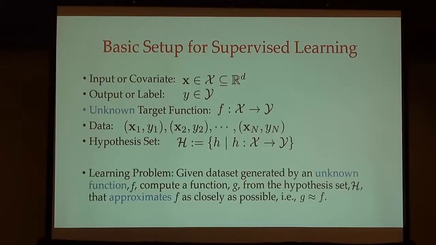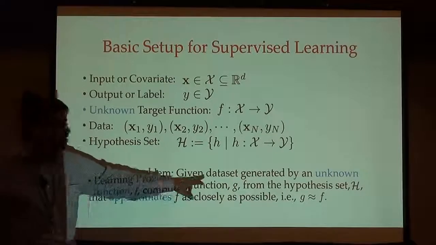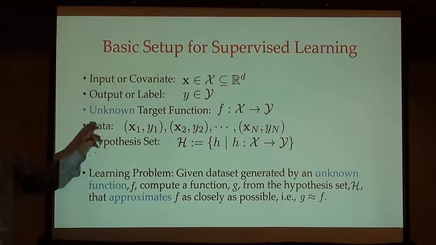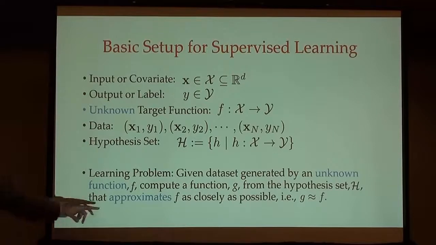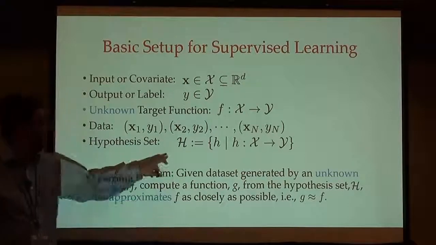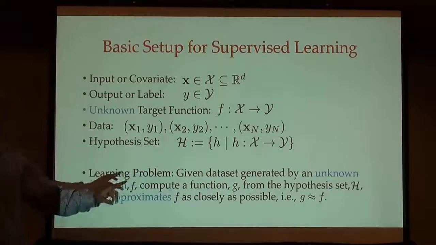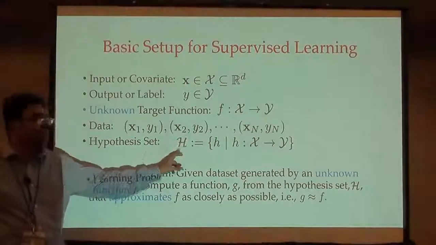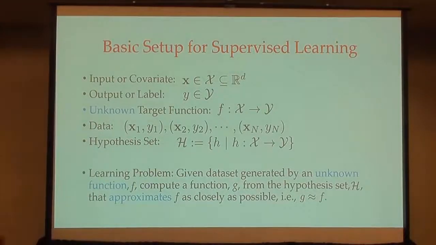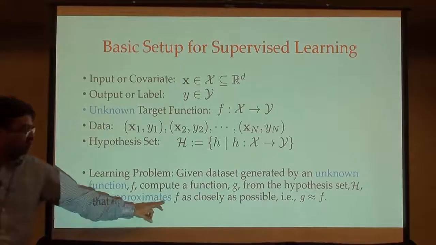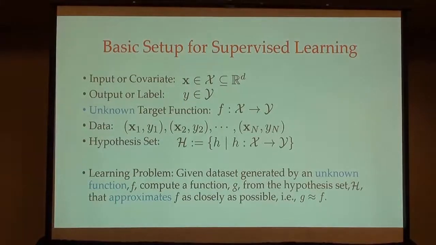Okay, so what is the learning problem? Given the data set which is generated by this unknown target function f, compute a function g from the hypothesis set, and it is important to realize that g is always computed from a certain hypothesis set, such that g approximates f as closely as possible.